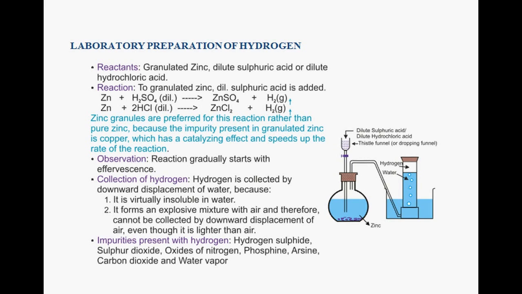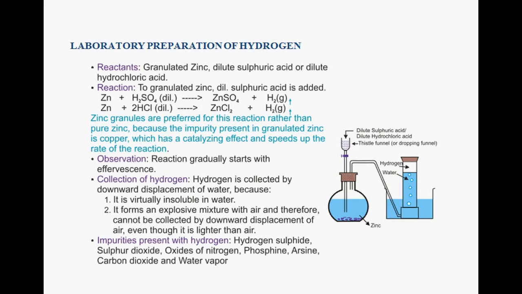There are different impurities present in hydrogen which is prepared in the labs, and because of that, hydrogen has a faint fishy odor. Pure hydrogen is odorless. So in order to remove all these impurities, the gaseous mixture of hydrogen and impurities is then passed through various chemical reagents to remove these impurities stepwise. For example, hydrogen sulfide is removed by passing the gaseous mixture through lead nitrate solution.